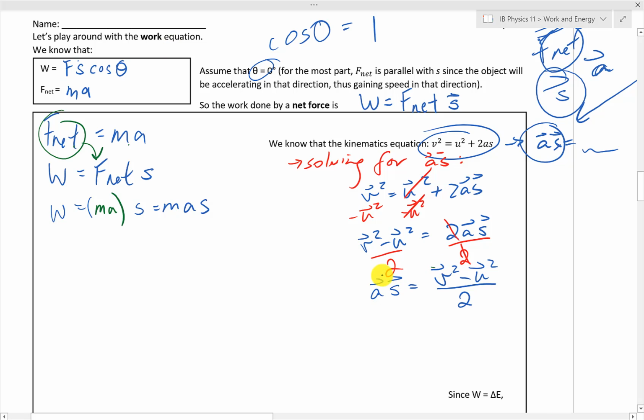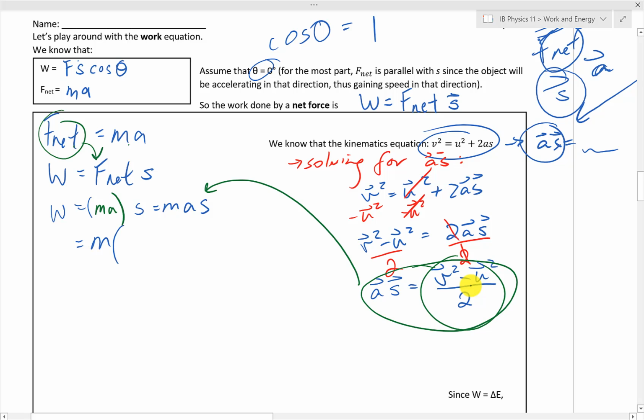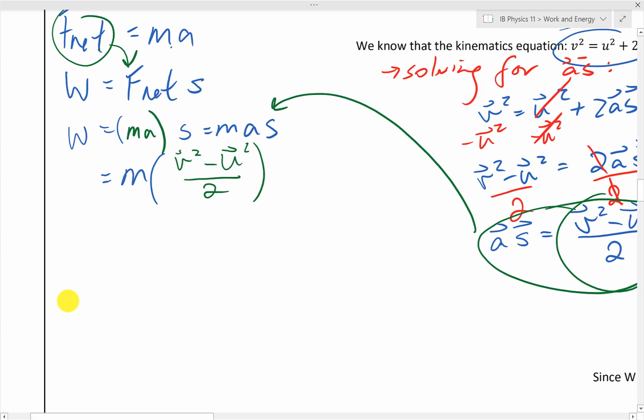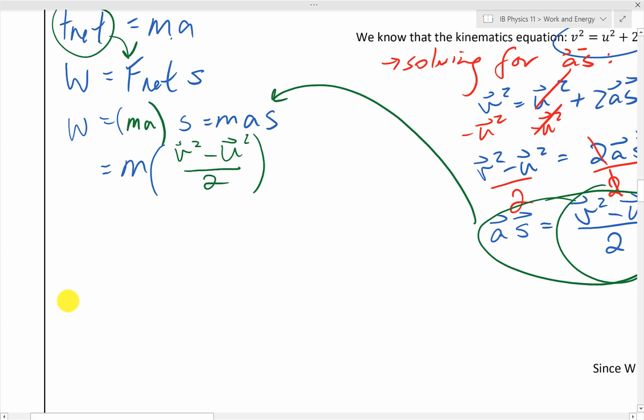Okay, now we can substitute the as into the mass. We get m times as, which in here is v squared minus u squared, all of it divided by 2, to get this one over here. So we no longer have acceleration or displacement. We are only left with final and initial velocities.